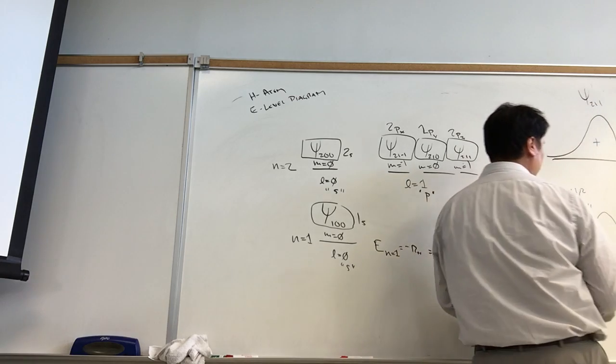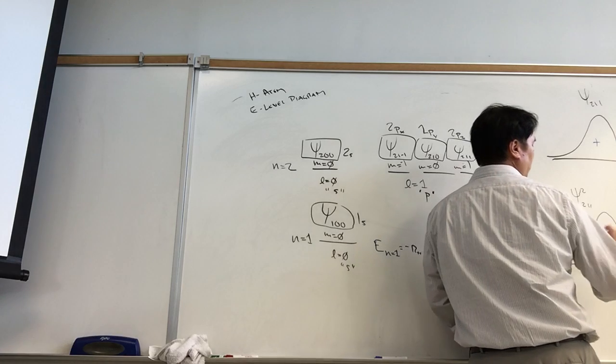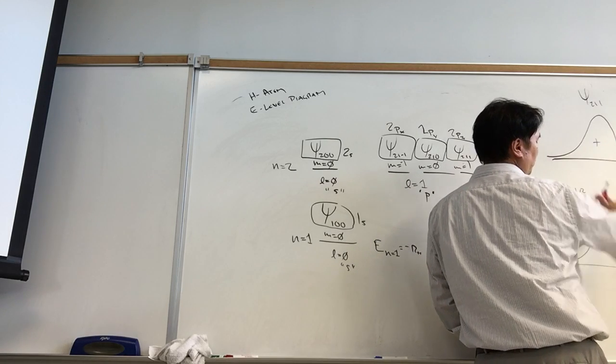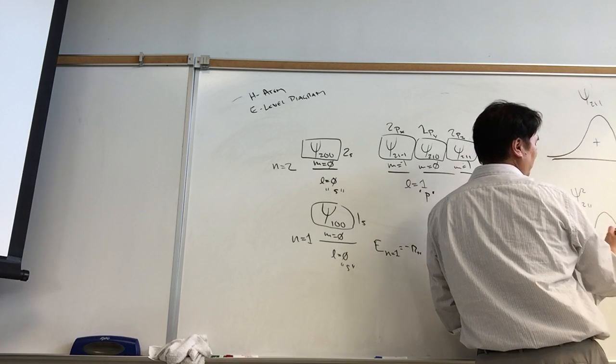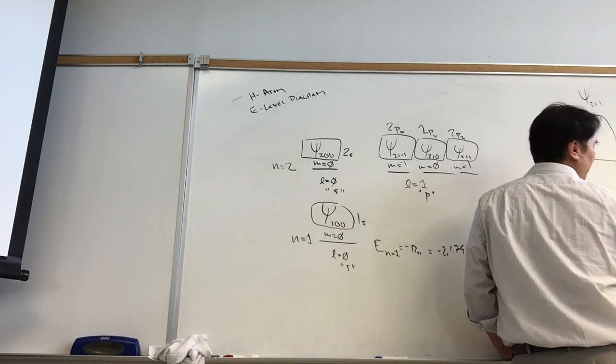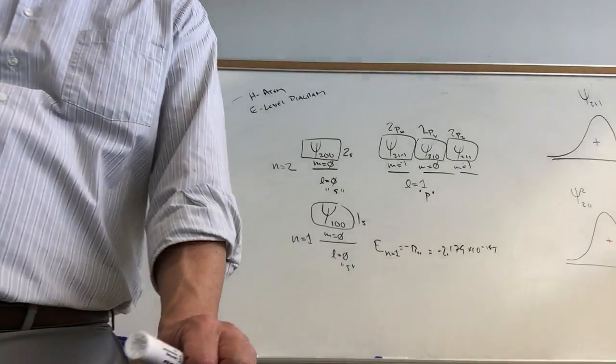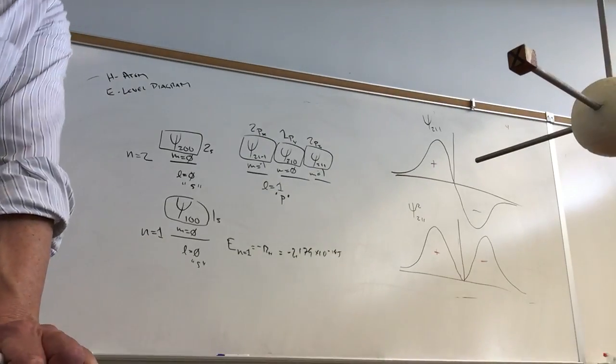Now this lobe, actually, it should be bigger. This lobe comes from squaring the positive. This lobe comes from squaring the negative. But in terms of probability, both are positive. We can't have negative probability.